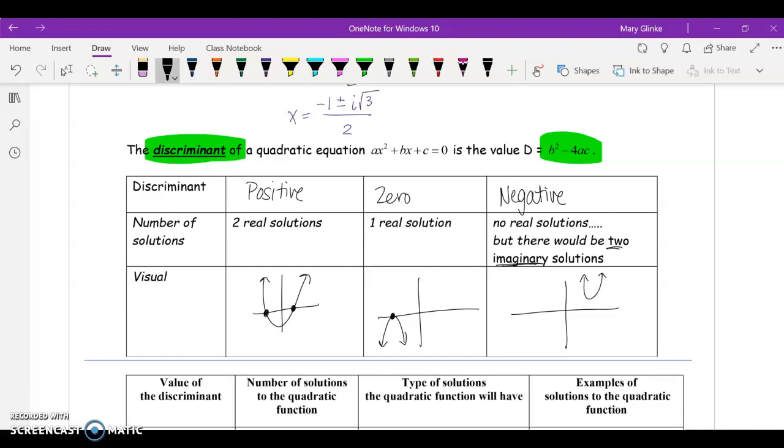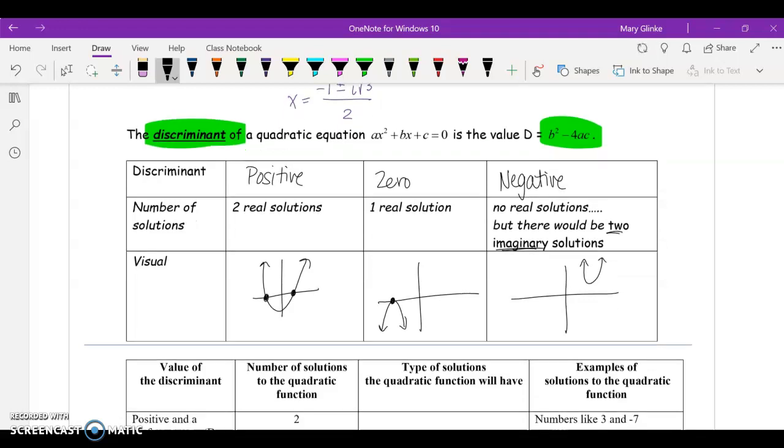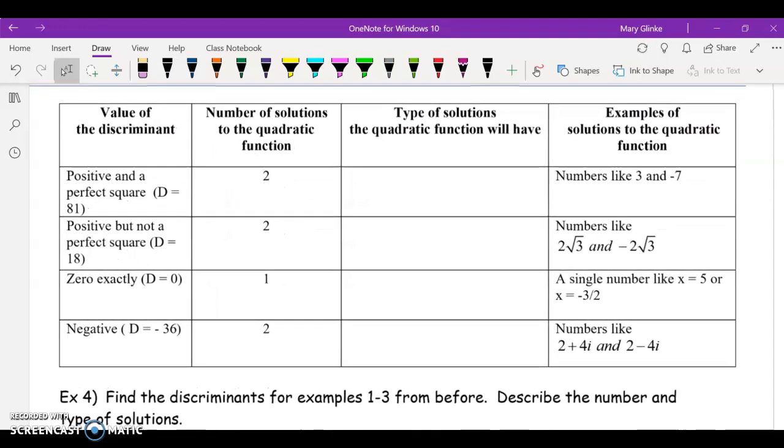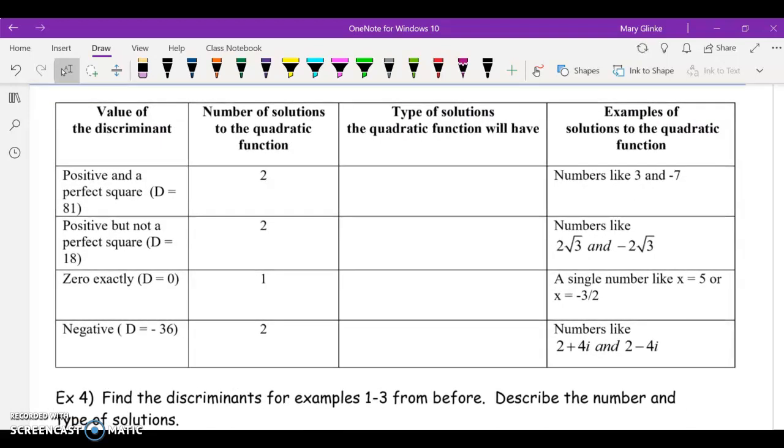So even though your graph doesn't cross the x-axis, you still get solutions that are just imaginary. And to sort things even farther, your discriminant not only tells you how many solutions, so 0, 1, or 2, but it also tells you the type of solution.